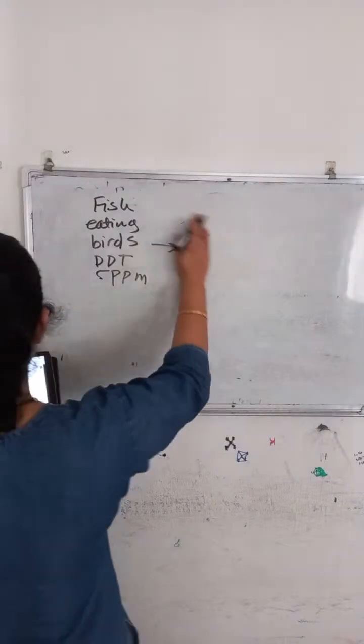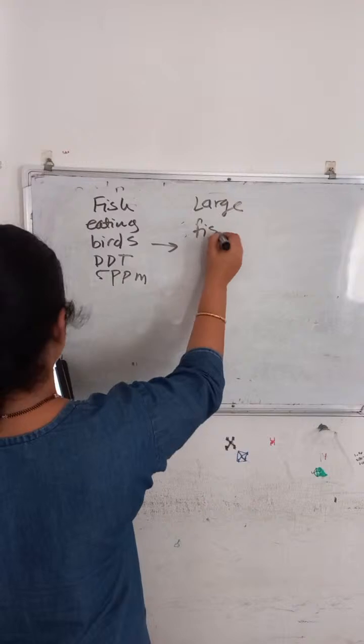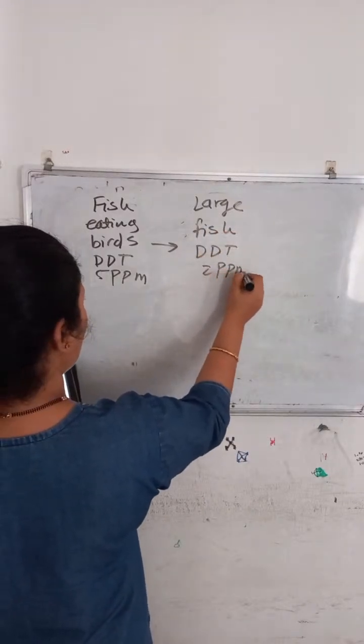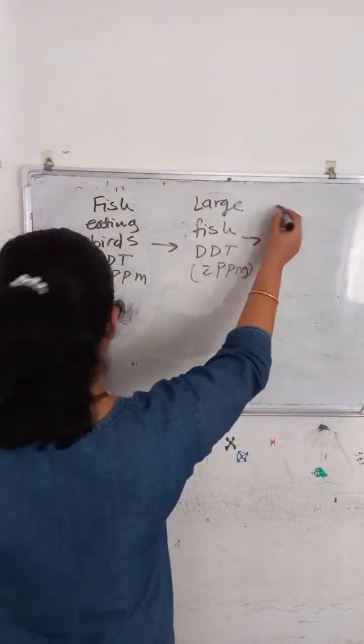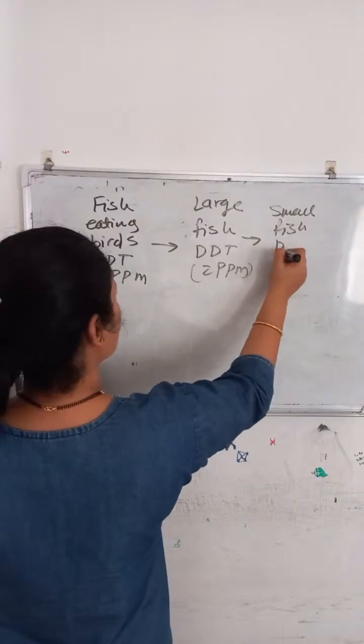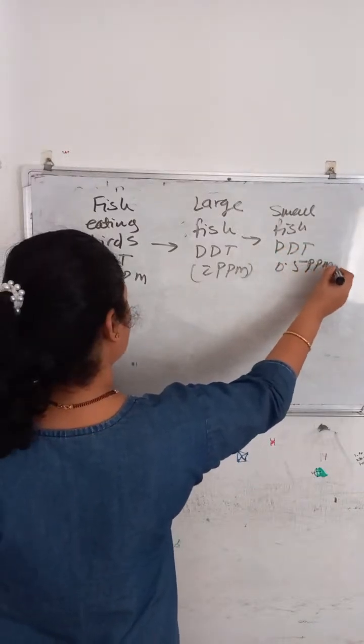Then it is given to the large fish, DDT 2 ppm. Then it is given to small fish, DDT 0.5 ppm.